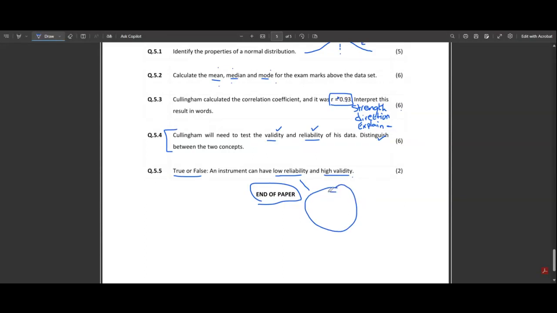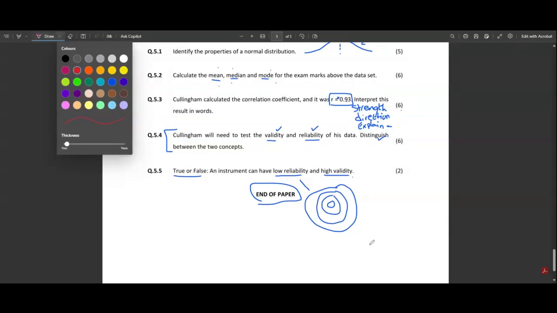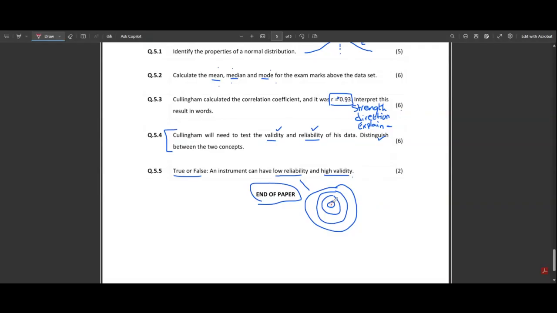I always picture a target, also a square target, when talking about validity and reliability. Reliability is about consistency. Are you able to get the same results more than once reliably? If someone's reliable, they're consistent, they reliably show up for something. Validity is, are you testing what you're trying to test? So do you hit the bullseye?